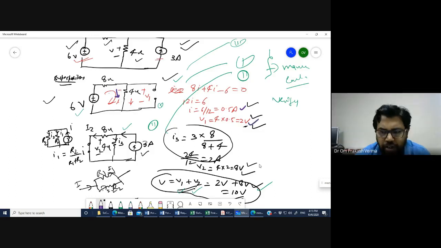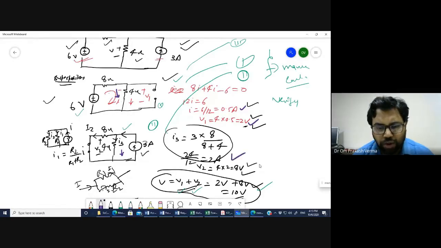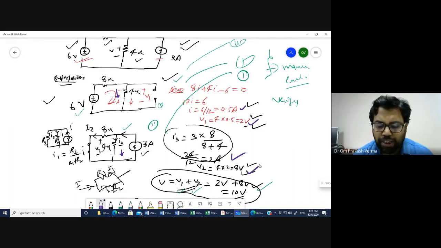Right. Now, if you simulated with the 3 ampere current source, what is the current I3 in this 4 ohm resistance? 2 ampere. So what voltage is developed across the 4 ohm resistance? 8 volt. So the total voltage is 10 volt, right?